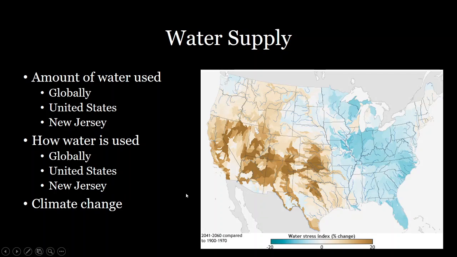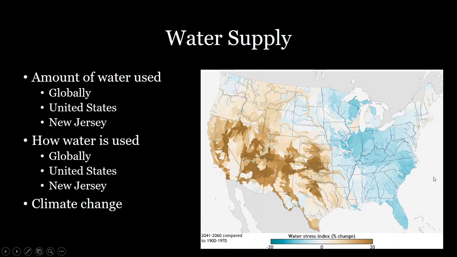And we can see that the American West, pretty much everything west of the Mississippi, is going to experience significantly more water stress, in some areas 20% more water stress, whereas areas east of the Mississippi, you will have more precipitation, more extreme weather events such as hurricanes that bring that water in and cause flooding, and so you'll likely receive less water stress.